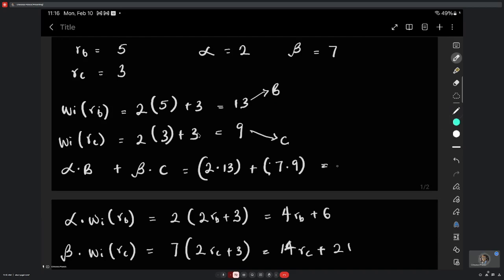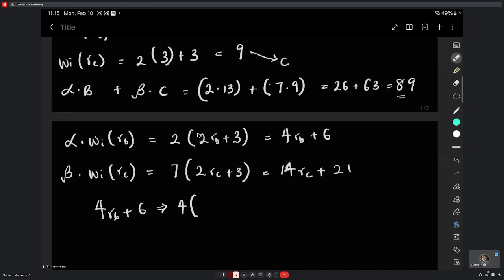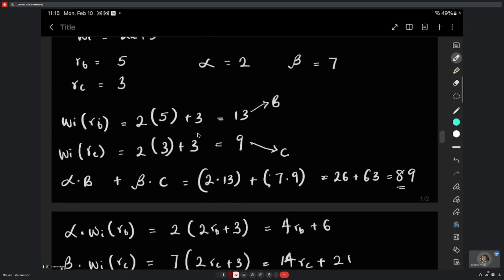So this will be 26 plus 63, which is 89. 89, right? So these are rb. What was our rb? 5.